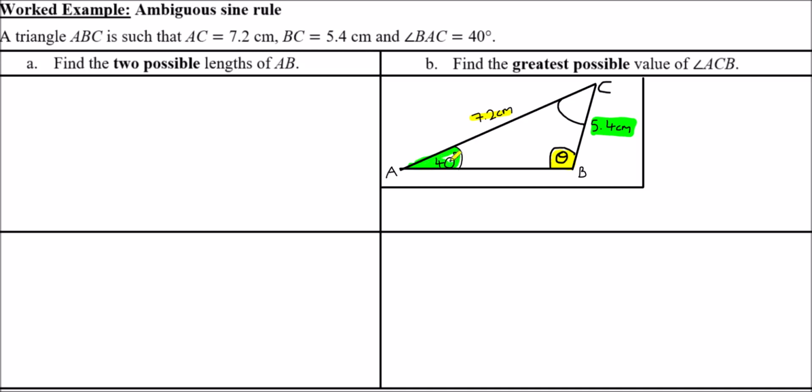So just considering this angle here at B in the first instance, we can say that sine theta over 7.2 must equal sine 40 over 5.4.